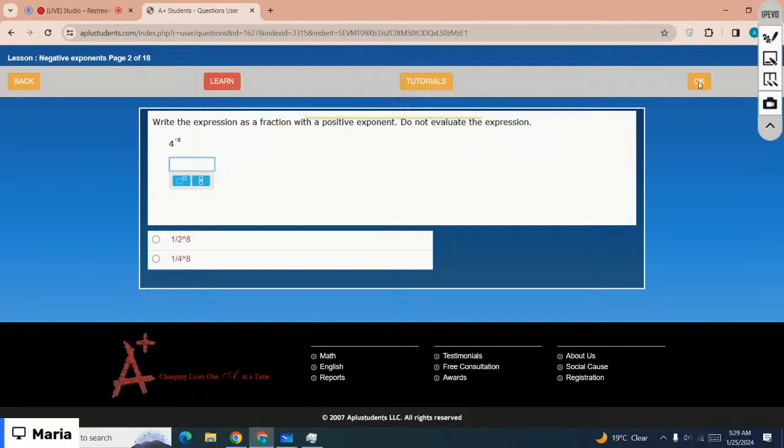The next one is write the expression as a fraction with positive exponent. So 4 exponent 8, how do we write it as a positive exponent?